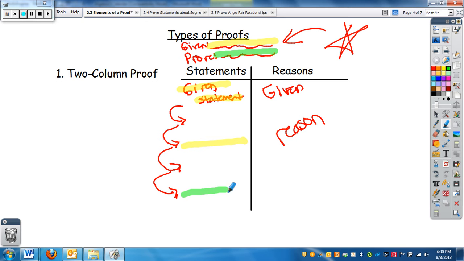That statement is your last statement here, and then it will be again some reason. And usually when you're looking at your reasons, you want to look at the previous one. And I'll kind of explain that when you actually do a proof. So that's a 2-column proof, where it's just kind of step by step by step. And we like to label, this is step 1, step 2, or statement 3, statement 4, statement 5, until you have finished your proof.